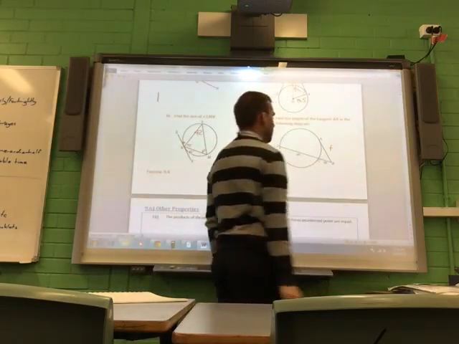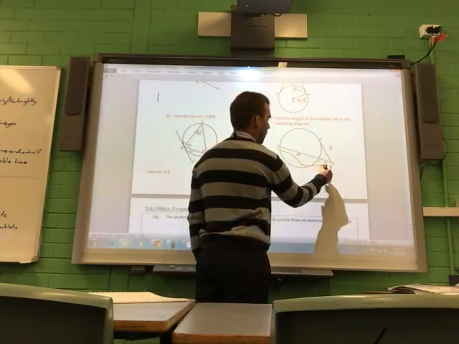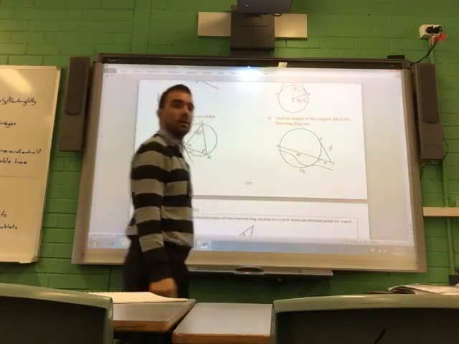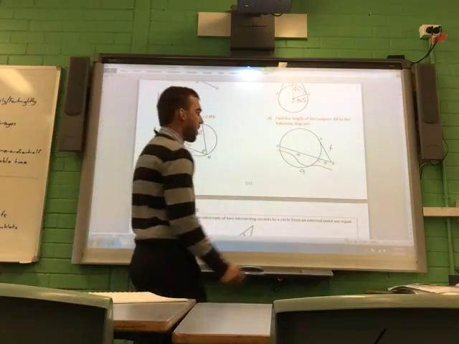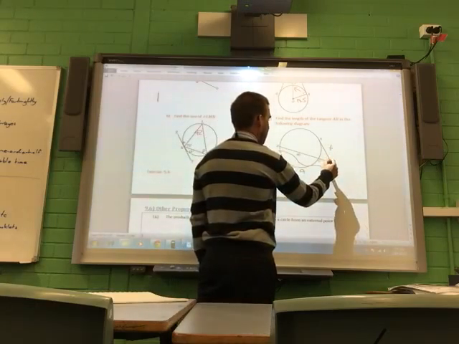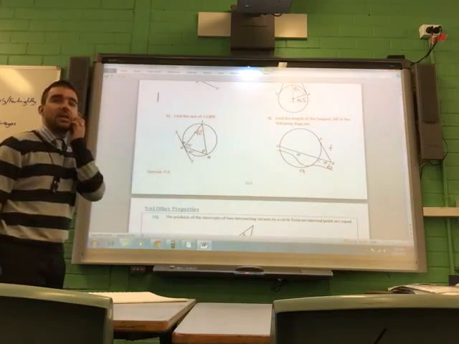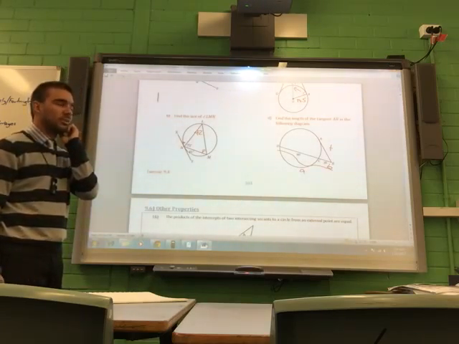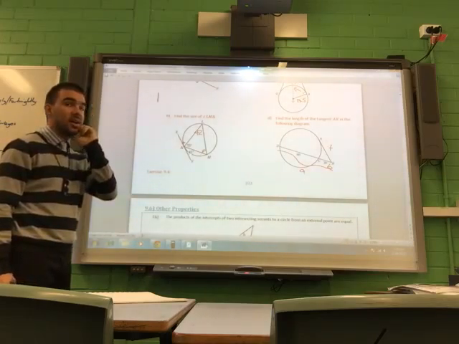This is T. Remember the whole thing here? That's A. I know this one. AB squared equals 60 times 20. And this little bit is B. T for tangent.